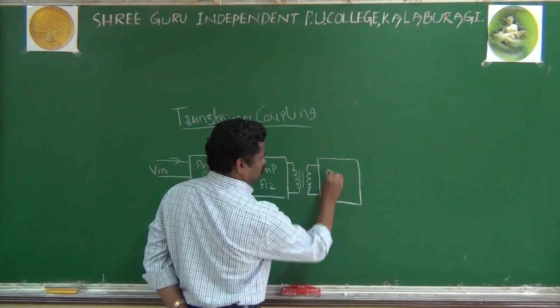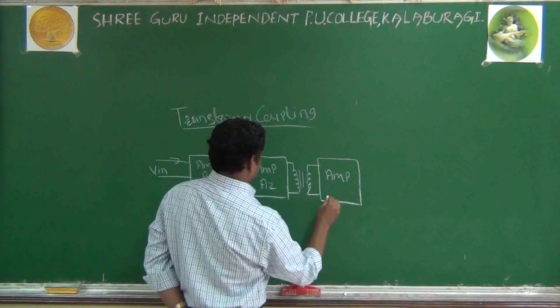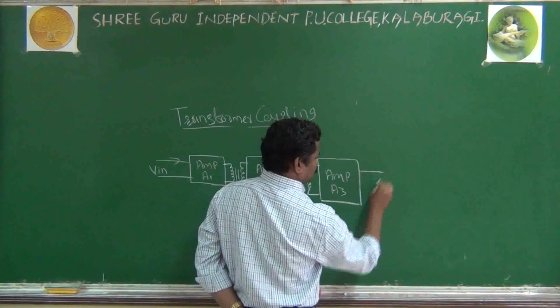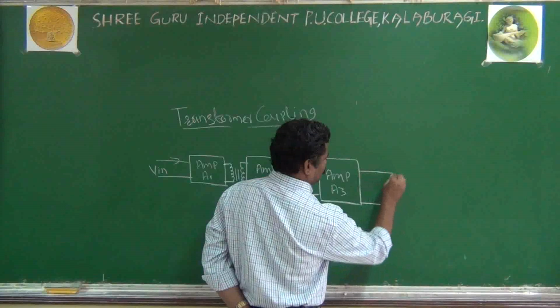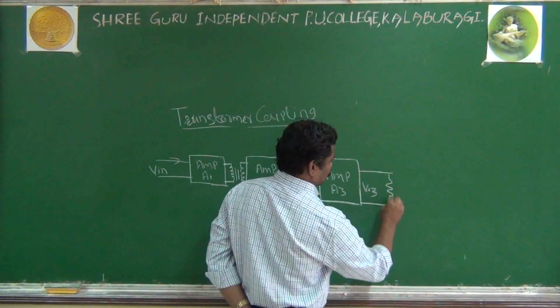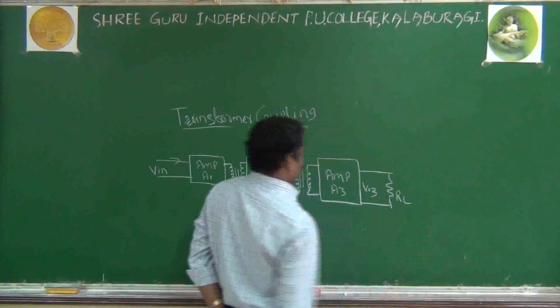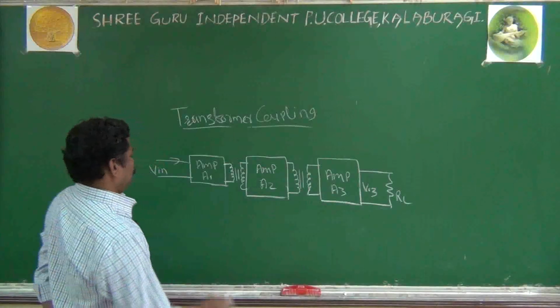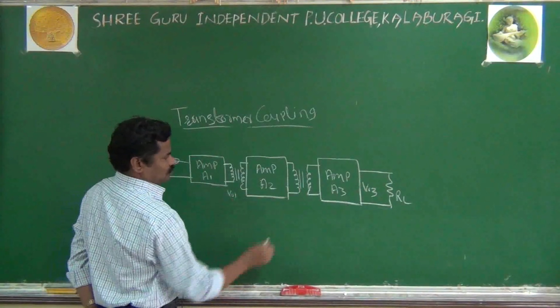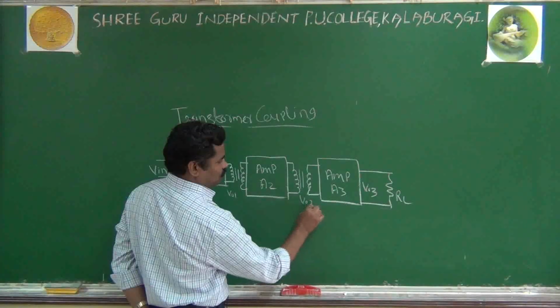Here also the same amplifier, that is A3, and here we get the output across here, V03. It means this is your V01, this is V02.